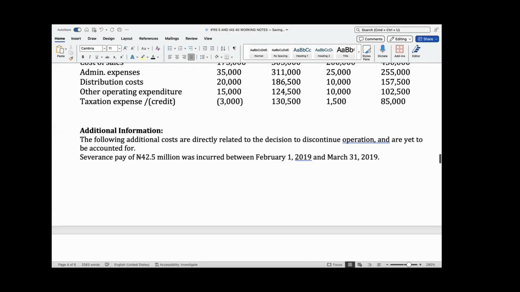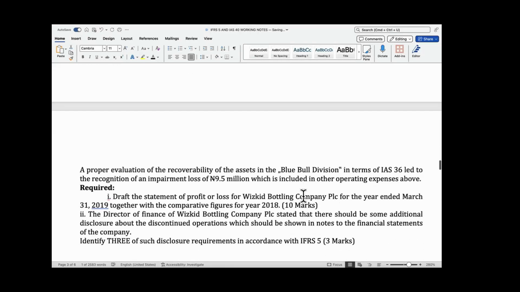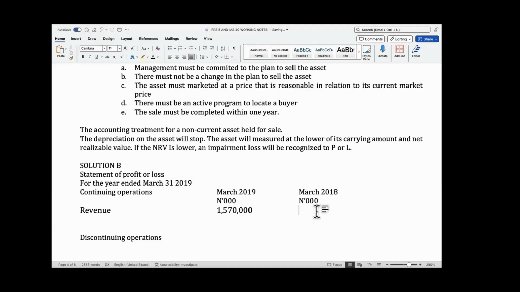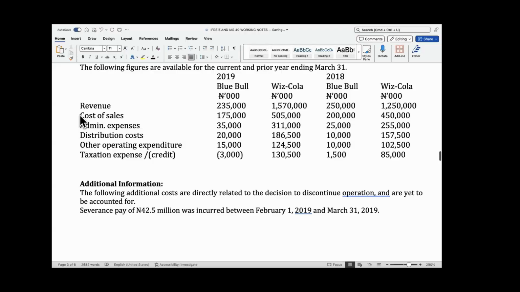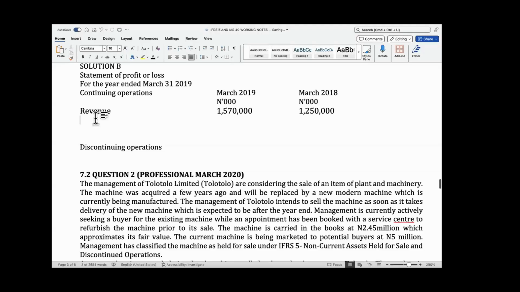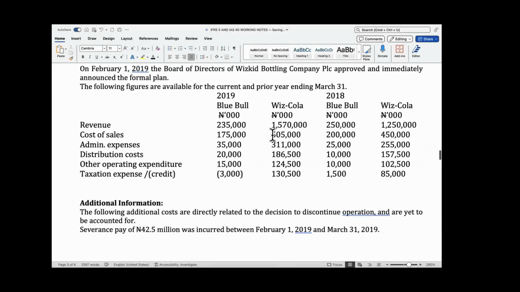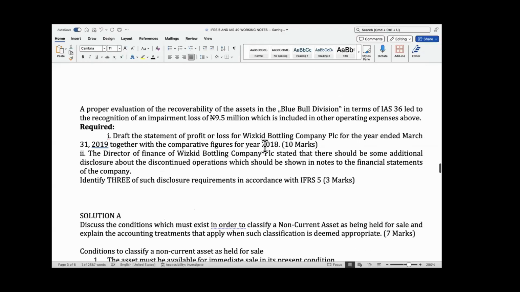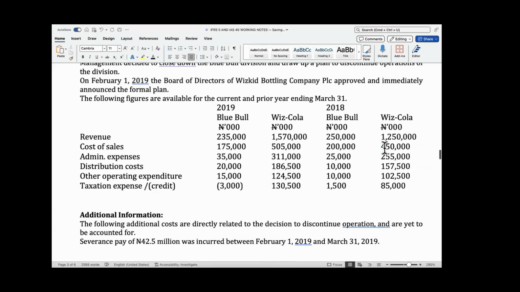Then the next item is our cost of sales. For March 2019 it is 505,000, and for March 2018 it is 450,000.